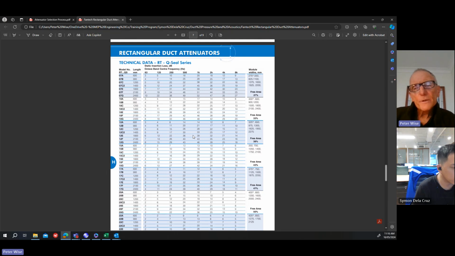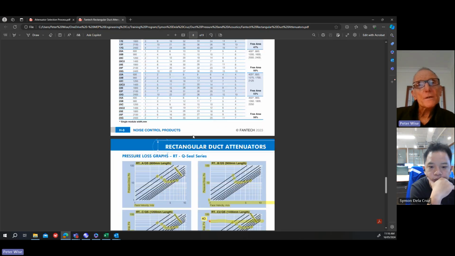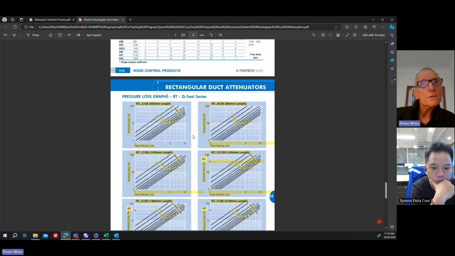Okay, so really what we're aiming for is to get the smallest attenuator we can, but still achieve obviously the attenuation, but also the pressure drop. So let's just have a look down here.